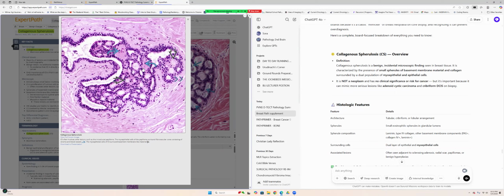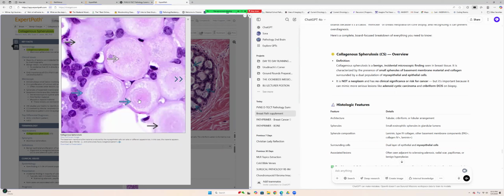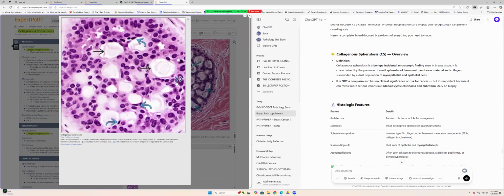The basement membrane-like material produced by the epithelial cells can take on different appearances: mucinous, fibrillary, or in some areas a targetoid pattern like here, different patterns.